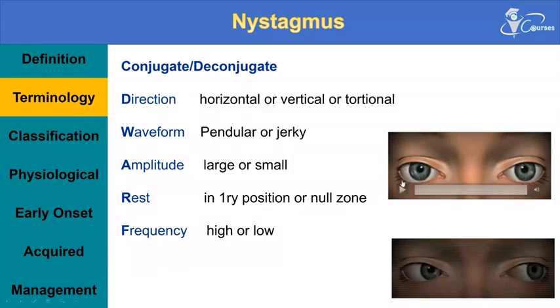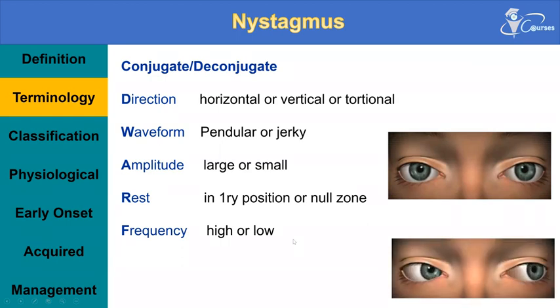Frequency, as I told you, high frequency means not how much distance like the amplitude, but how many oscillations occur per second. If they oscillate very rapidly like that, this is called high frequency. If they oscillate very slowly like that, it is called low frequency.